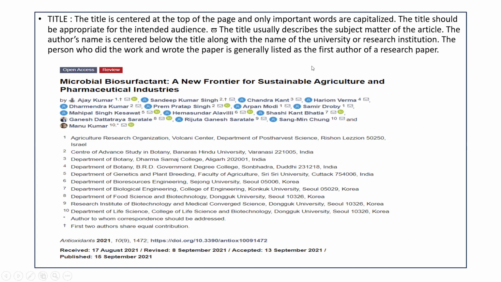The title is centered at the top of the page, and only the important words are capitalized. The whole title is not capitalized; only important words you can make capital.